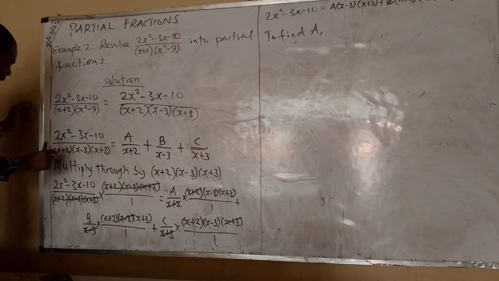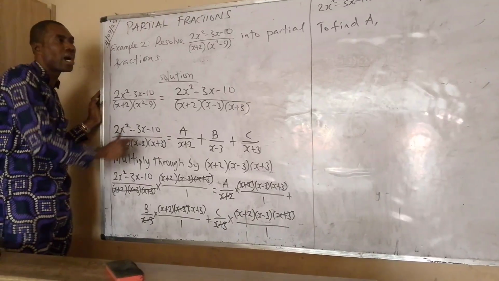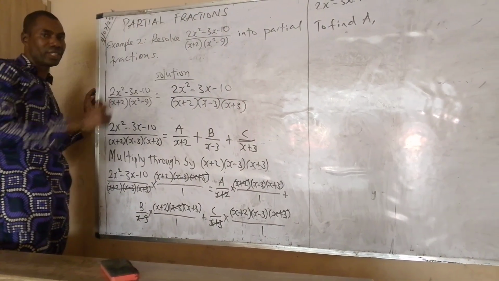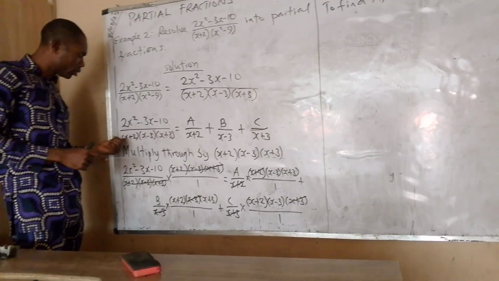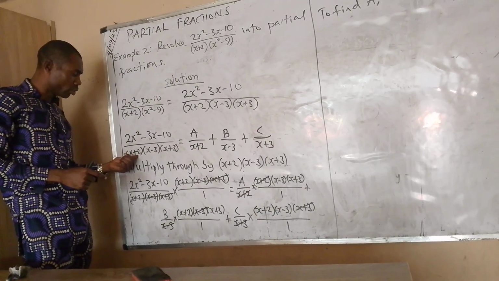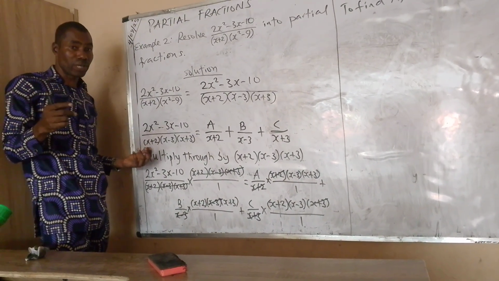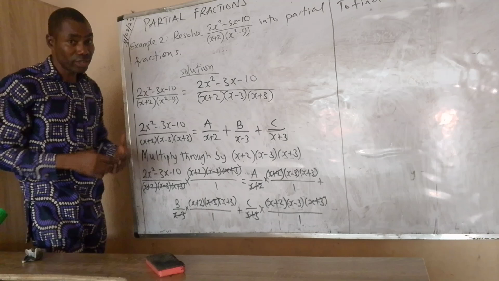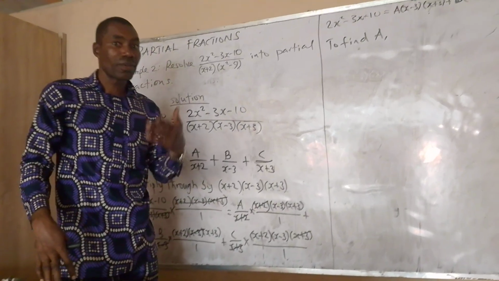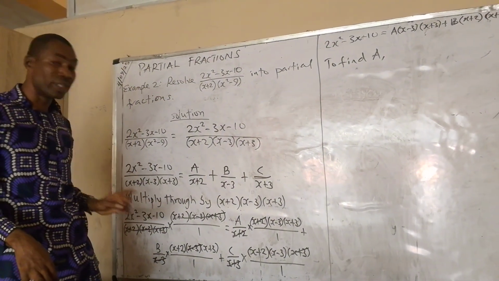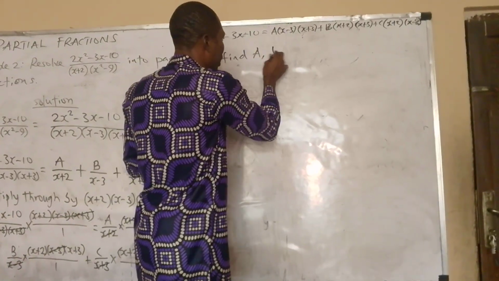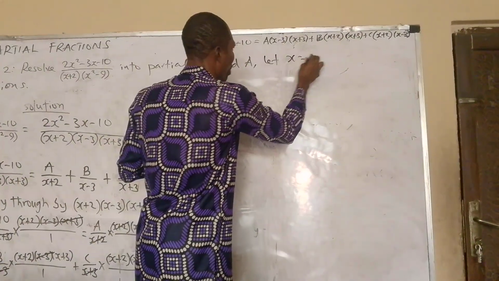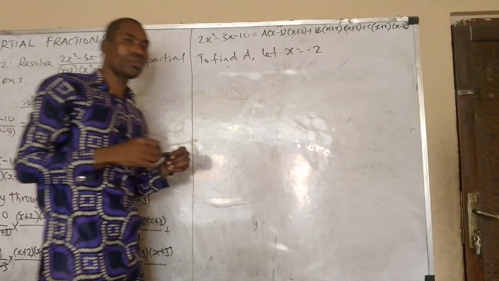So if I can make x plus 2 0, I will eliminate B and C. Now the question is, what value should I put for x here that will make this 0? If you check very well, it's minus 2. You don't know how to get it? Check my first video. Find the 0 of this, you will get minus 2. So to find A, I will say let x be equal to minus 2.